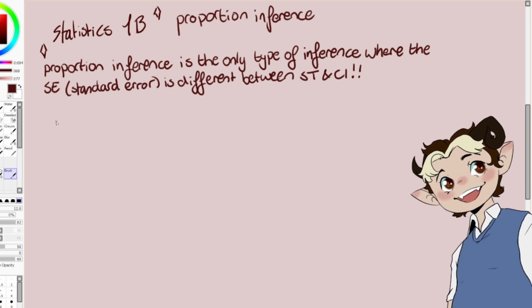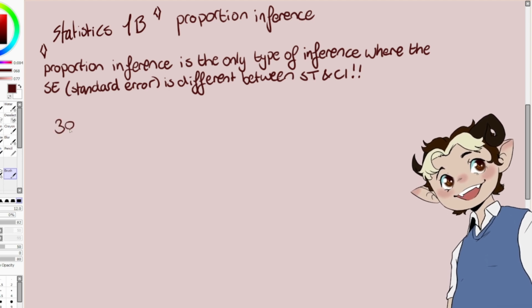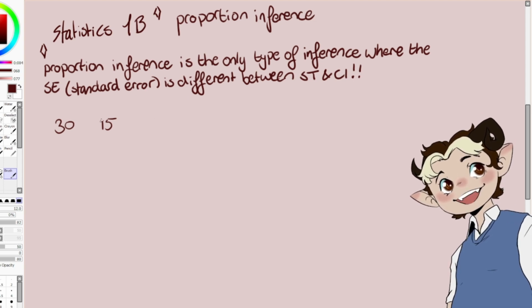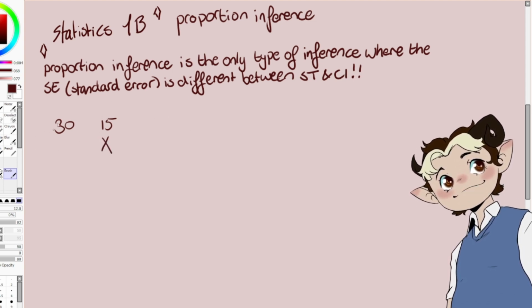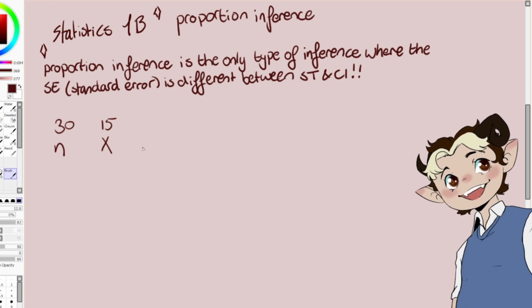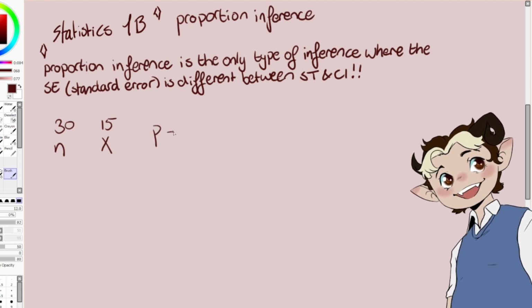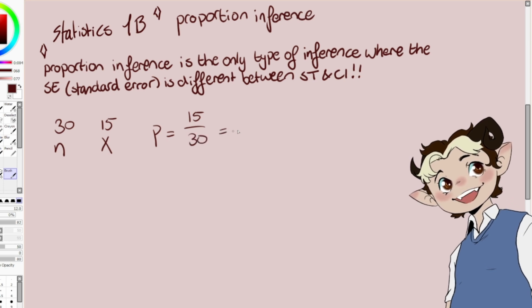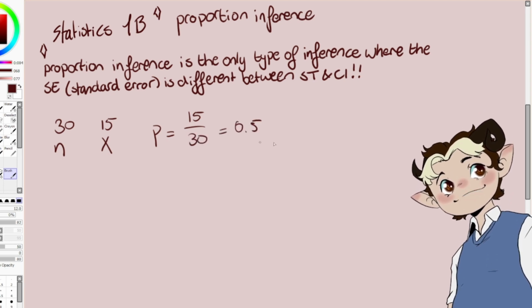So if you have 30 people and 15 people said yes on a survey, that would mean that your x is 15 and your n is 30. Then your proportion would be 15 divided by 30, which is 0.5.